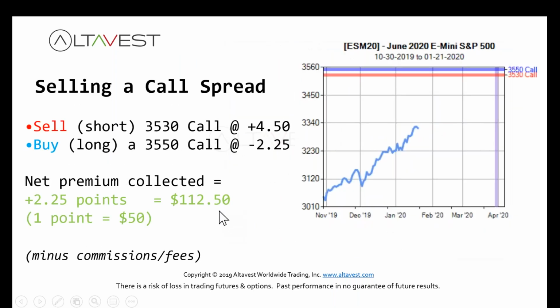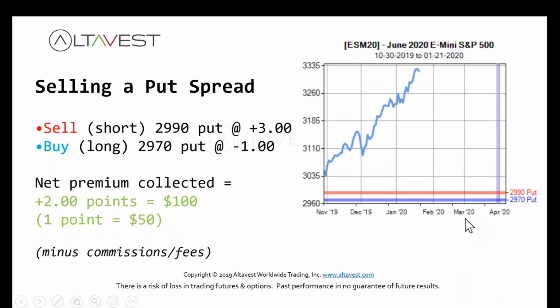Now here's an example. This will go quickly because I'm going to jump into the demo. Here's a call spread. You sell a 35-30 call right here, and you receive 4.5 points when you sell that call. But to cover it, you buy a 35.50, you pay 2.25. The net result is you collect 2.25 points, or $112.50 in this example, minus your commissions, of course.